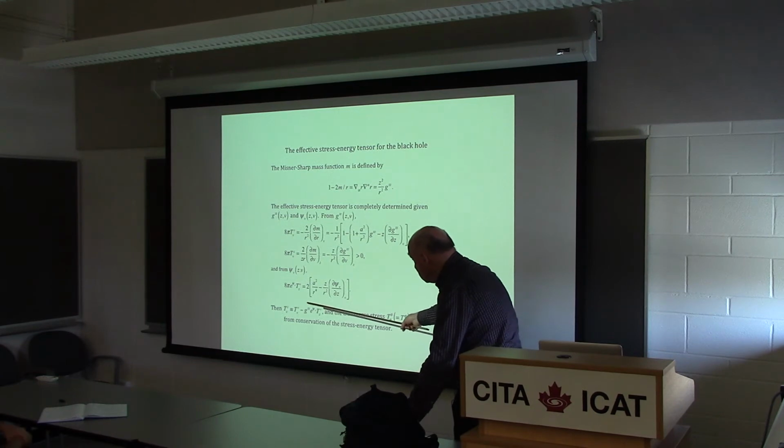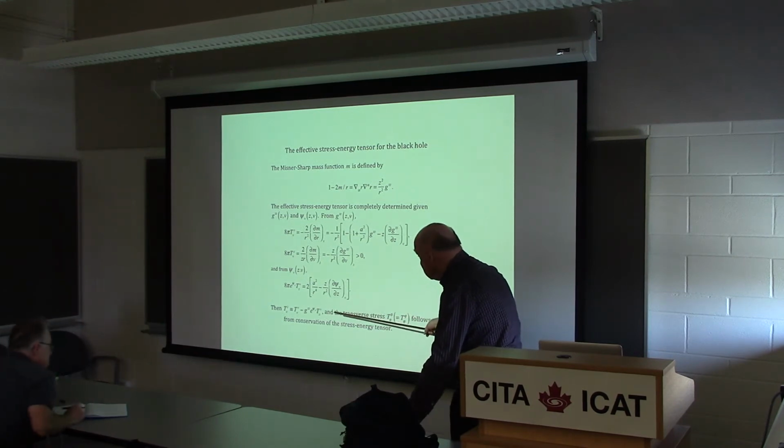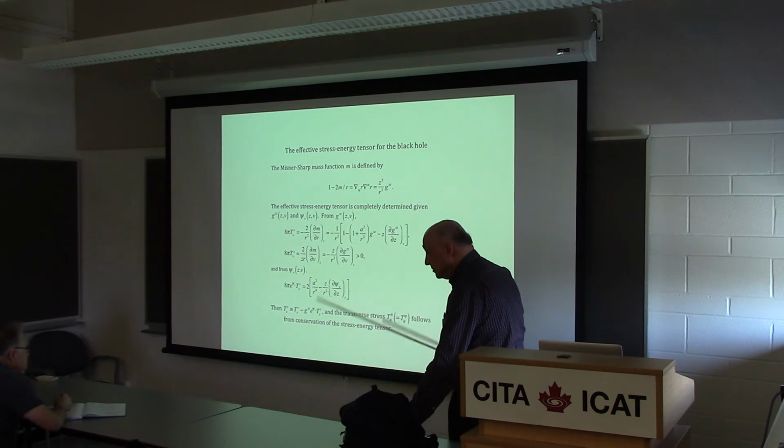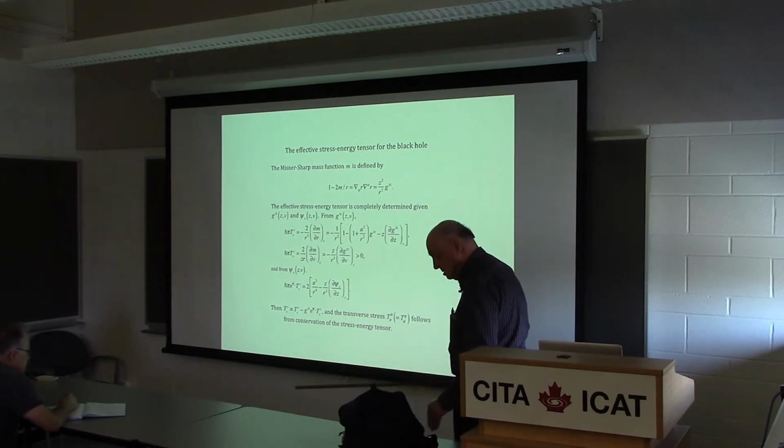Then you have an identity which says that T_ZZ is given in terms of T_VV and T_ZV. And one of the conservation equations of the stress-energy tensor, which follows automatically from the Bianchi identities, gives you what the transverse stress, T theta theta, is doing.